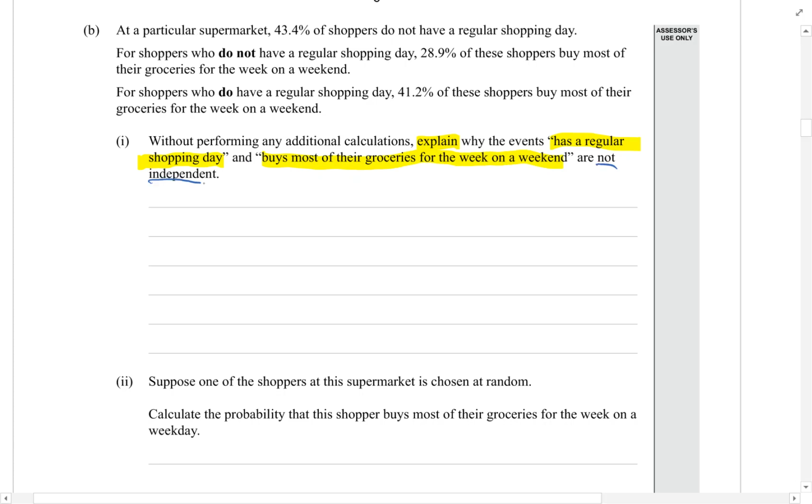Okay, so let's think about what independence means. When we think about what statistical independence means, if you look at your notes, see what it says. For events to be independent, it means that if one of them happens, it doesn't change the probability that the other happens. For example, flipping a coin and then rolling a dice, they have no effect on each other.